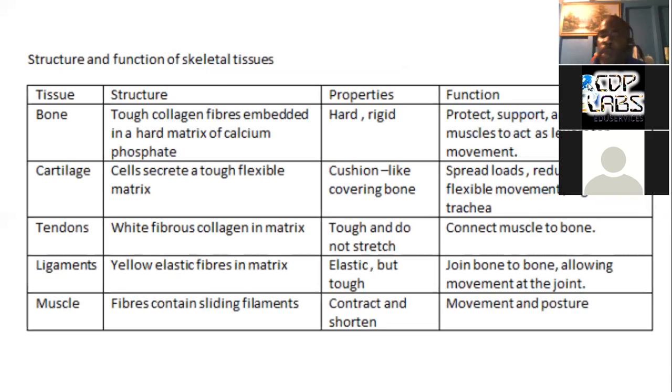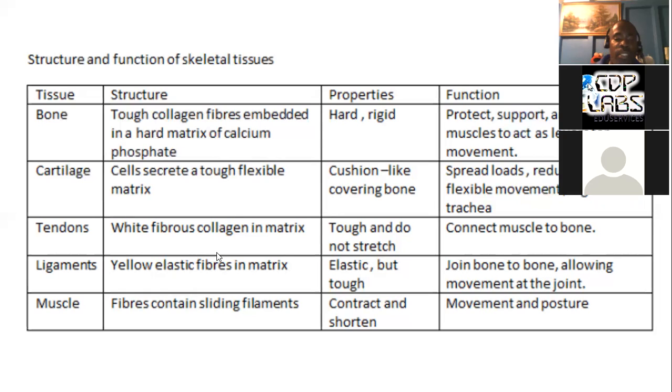Now that's the worksheet, but this worksheet is very important to know. So you ask me the distinction between bone and cartilage, tendons and ligaments, and you are able to do so. If you look at the tendons in structure, they are fibrous, and the ligament is elastic in fiber.